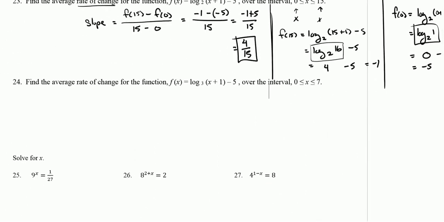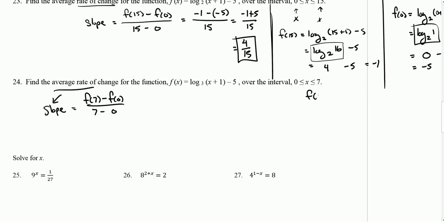Number 24 is similar. This time from 0 to 7, and we're looking for the slope because that's our average rate of change. So f of 7 minus f of 0 over 7 minus 0.